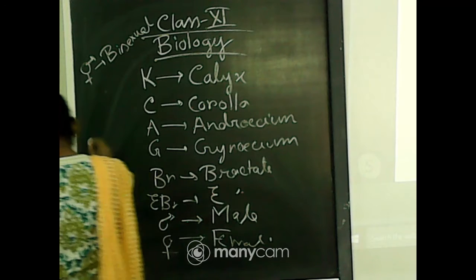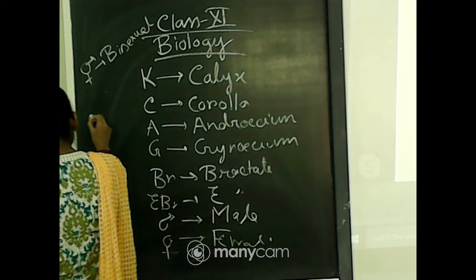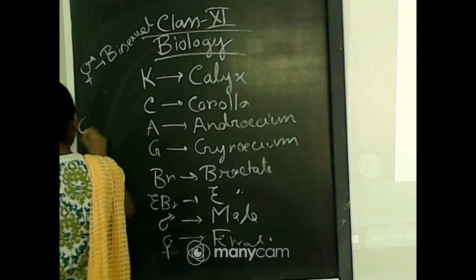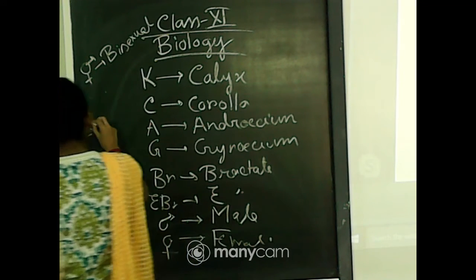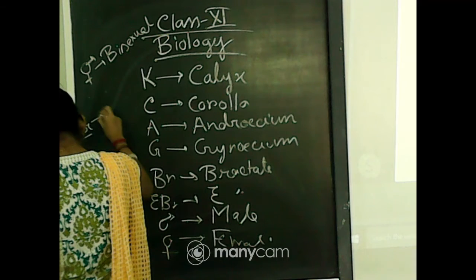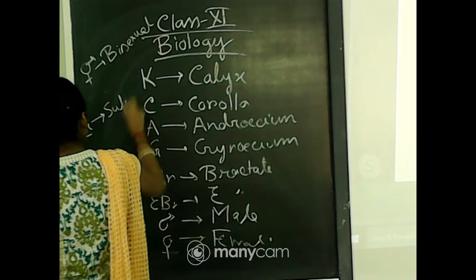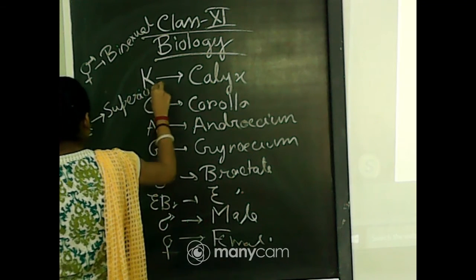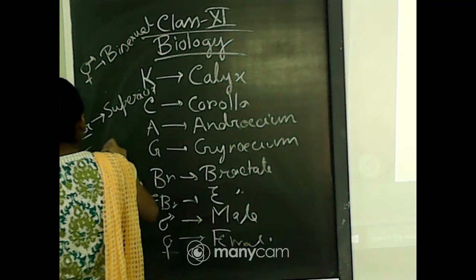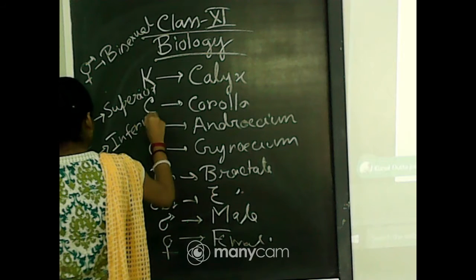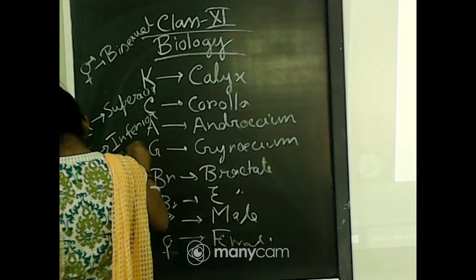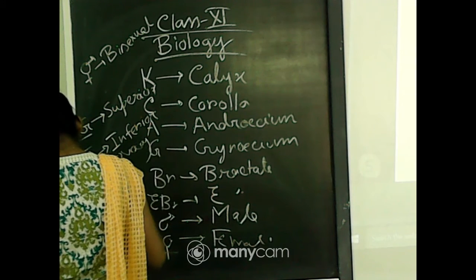And if we consider G, a dash below the G is for superior ovary, and that sign is for inferior ovary.